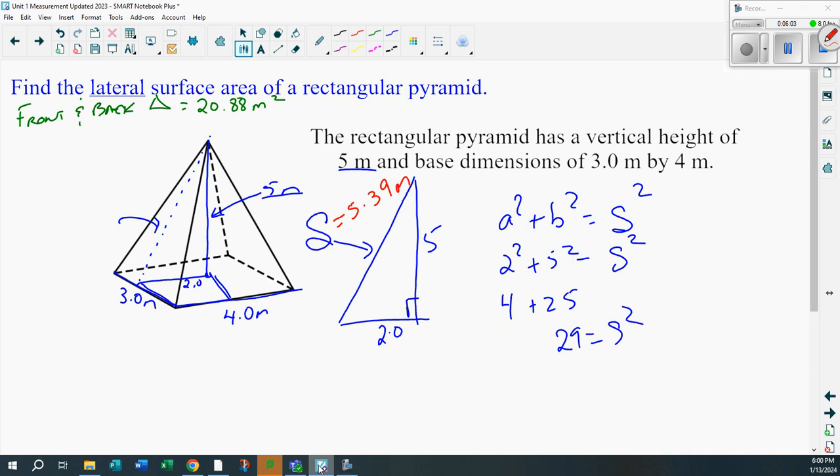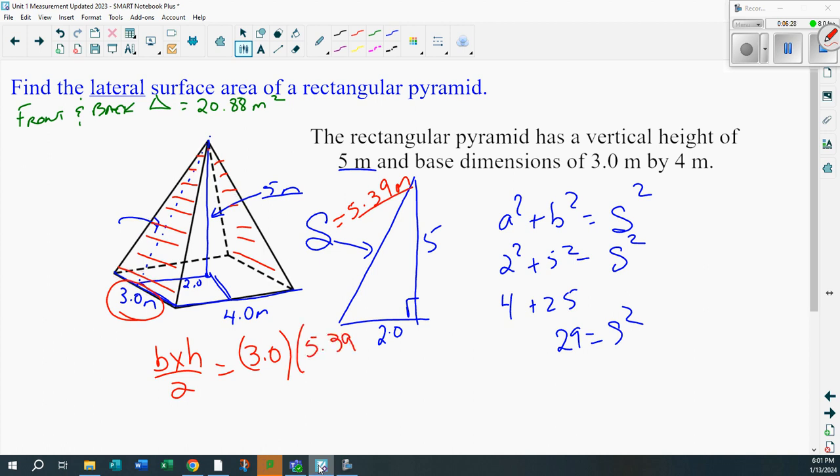So that must mean that I'm doing this triangle right here. And remember, there's 2 triangles, this side and this one over here. Got it? So let's find the area of that triangle. This would be base times height divided by 2. The base this time is 3, times the height, which we just figured out, 5.39, but we're going to use that number on the calculator, divided by 2. But since we got 2 of them, we multiply this by 2. So those 2's just cancel out anyways.